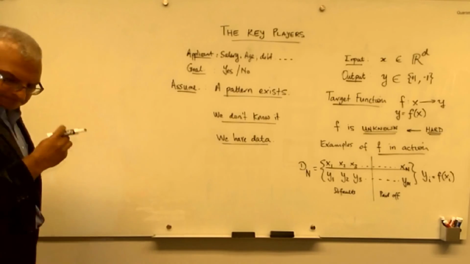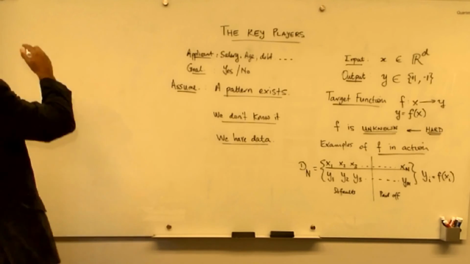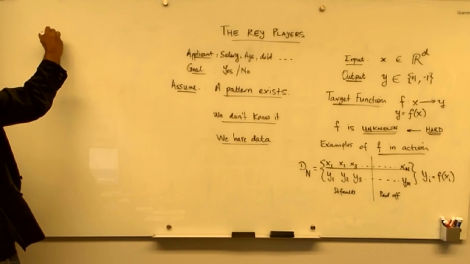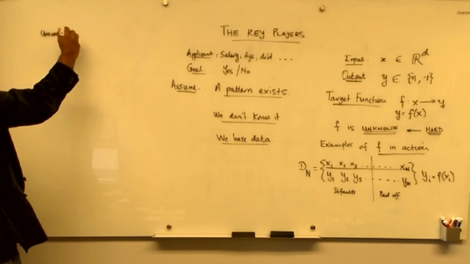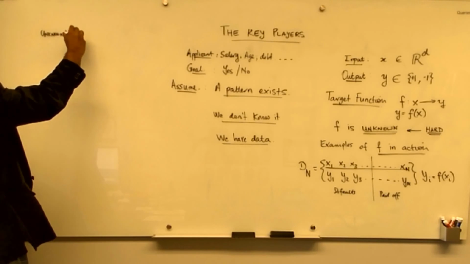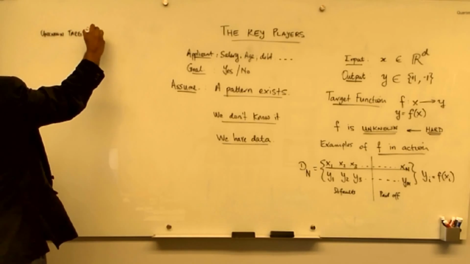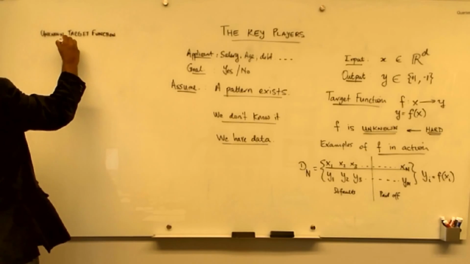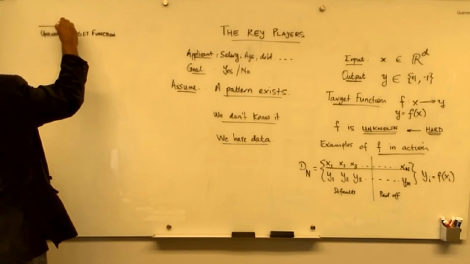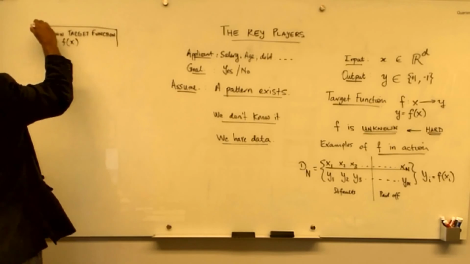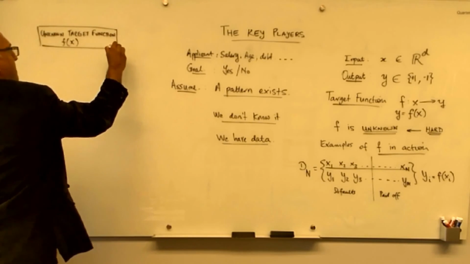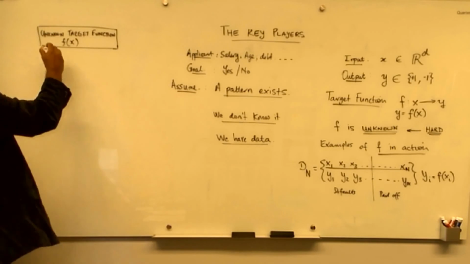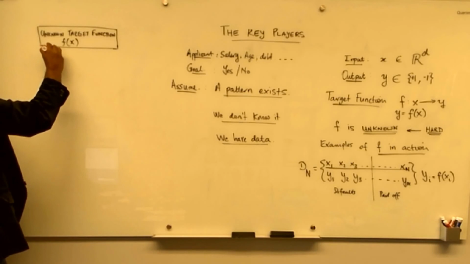Okay, so you have an unknown target function, f of x. Okay. And this unknown target function, we're going to use it.